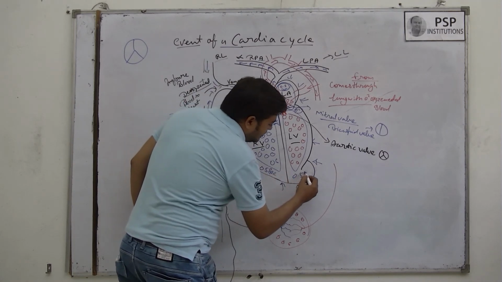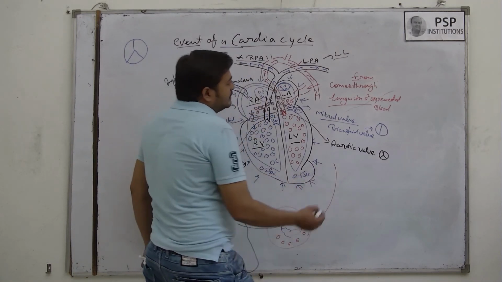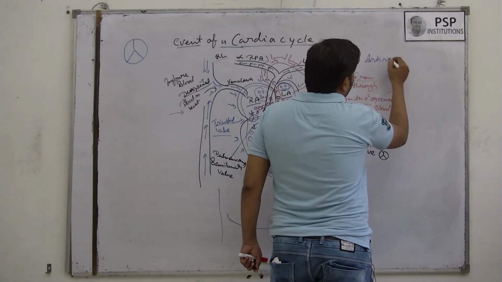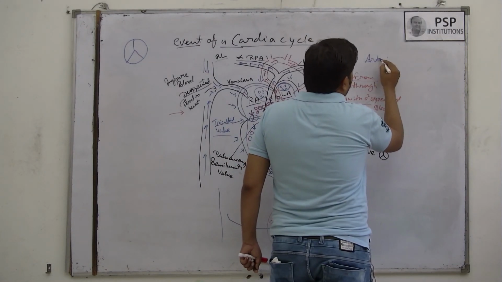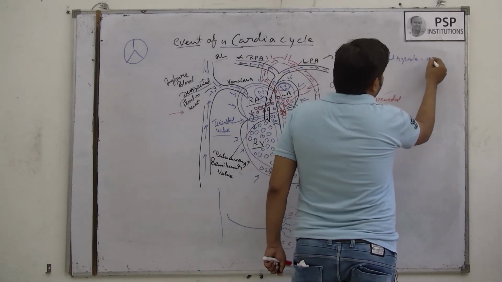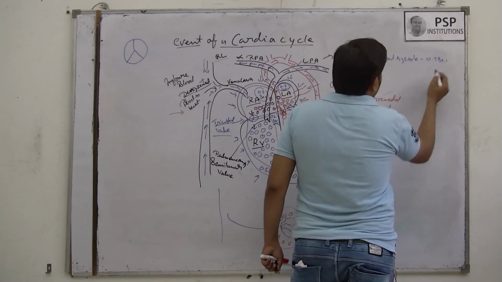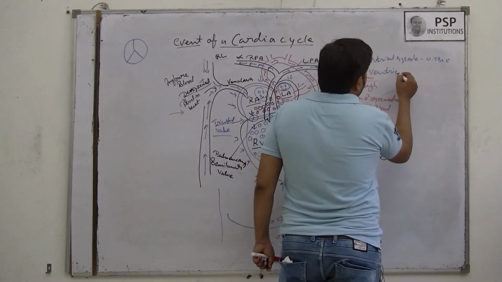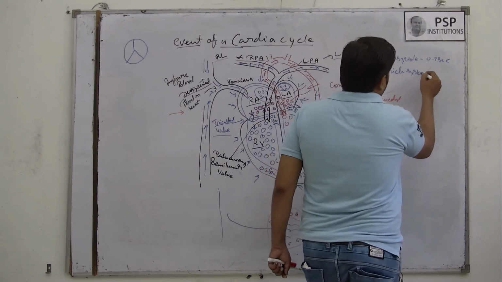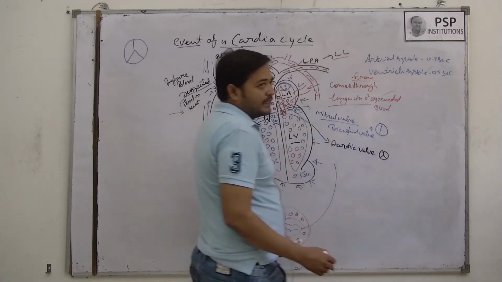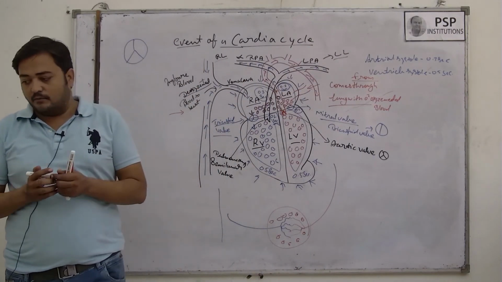How much? 0.5 second. So here we can write atrial systole timing is 0.3 second, and ventricular systole time is 0.5 second. Okay, so we are moving forward.